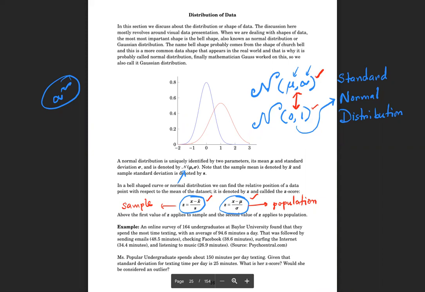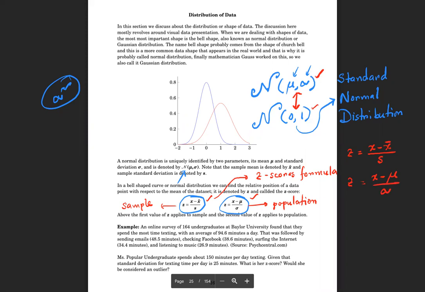These formulas are also called z-scores formula, which we will be using heavily within a month or so. So what is it? For sample, z is equal to x minus x bar divided by s. For population, z is equal to x minus mu over sigma.